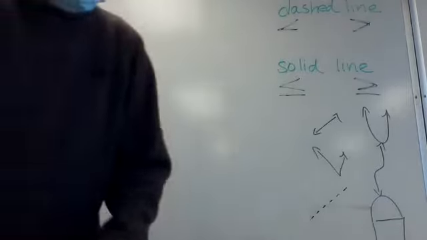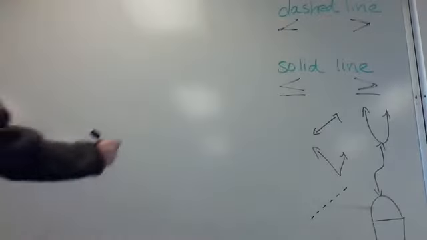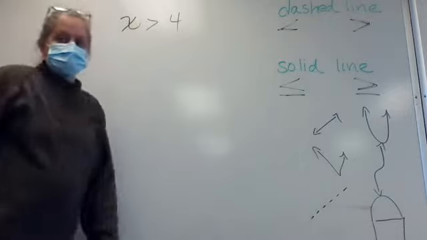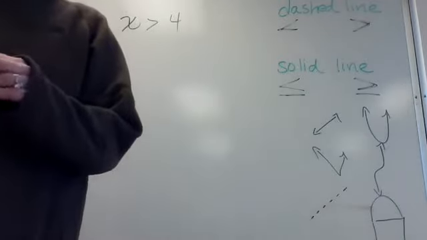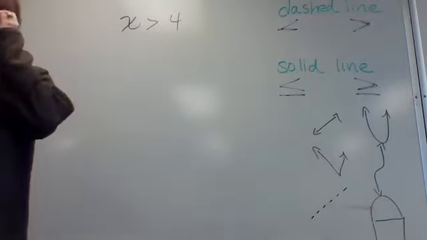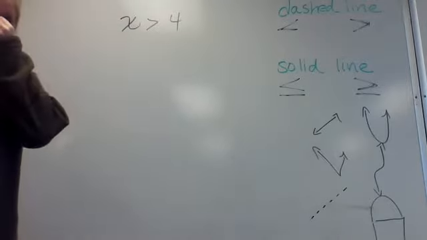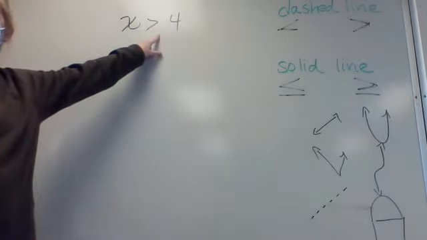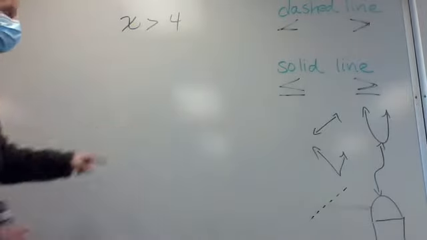All right, number 3. This one just says x is greater than 4. Okay, so I'm not putting that in y equals because there is not a y in the equation or the inequality. So let's think about where x equals 4.